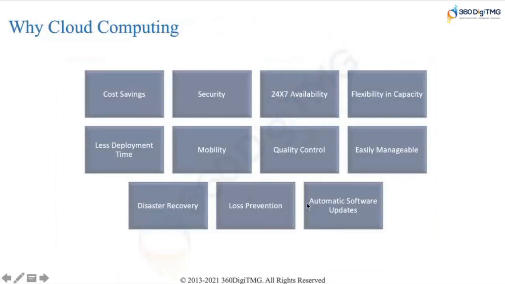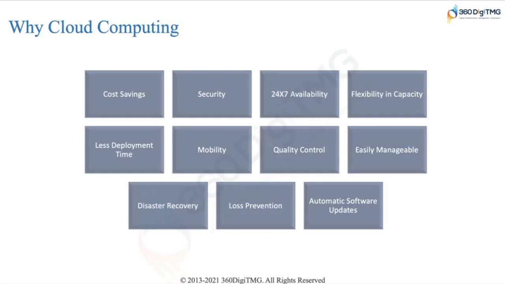So why cloud computing? You can save costs and get comparatively more security than on premises. Why? Because giants like AWS, Azure, and GCP, and there are others, but this trio is considered the giants in the cloud provider market. There is IBM, Oracle, Cisco, Alibaba, and a lot more.